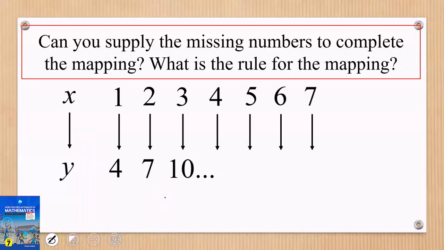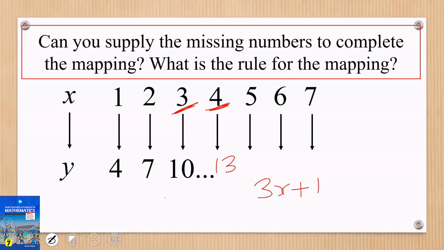If I multiply the X value by 3 and add 1 to it, I get the result. Because if I multiply 3 by 3, it will give me 9, and 9 plus 1 is 10. If I multiply 4 by 3, I get 12, and 12 plus 1 is 13. And that is why we had 13 over here from the onset.